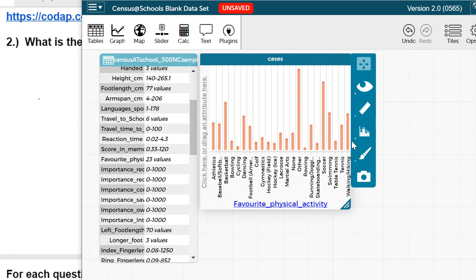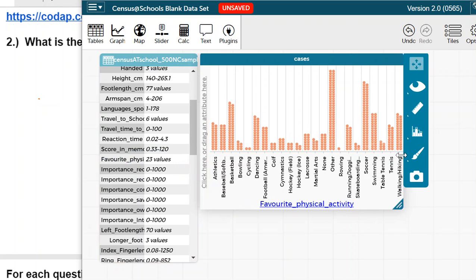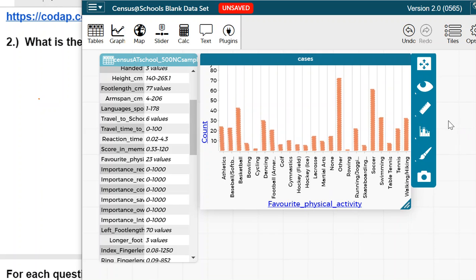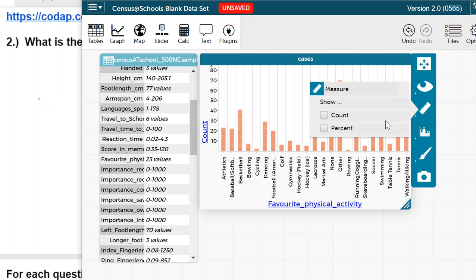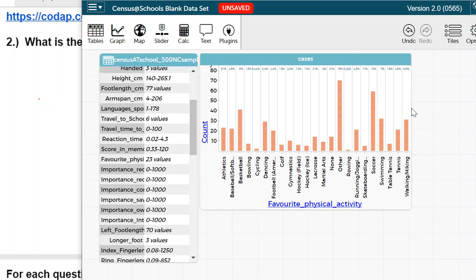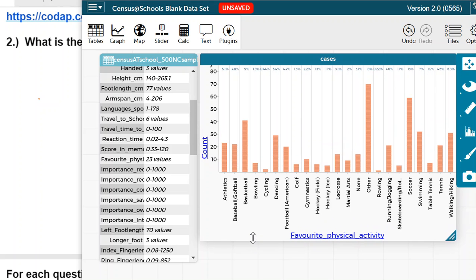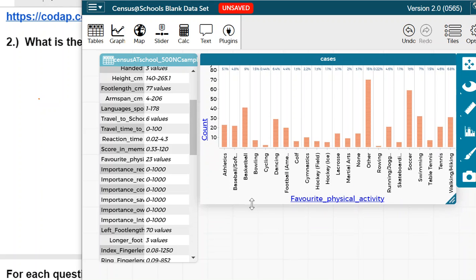All right, and I'm going to stretch this out a little bit just to give us a little bit of elbow room there. And I think I'm going to do the same thing to this one. We're going to fuse the dots into bars, and I'm going to do percent. I can barely see the percent up at the top. Stretching it down doesn't help.